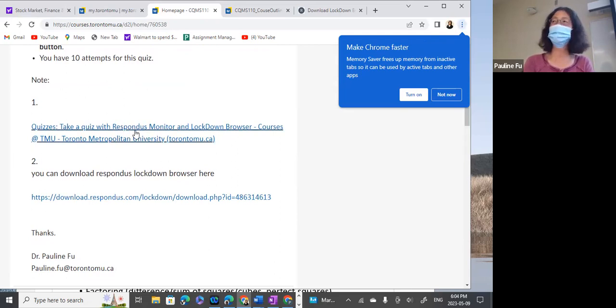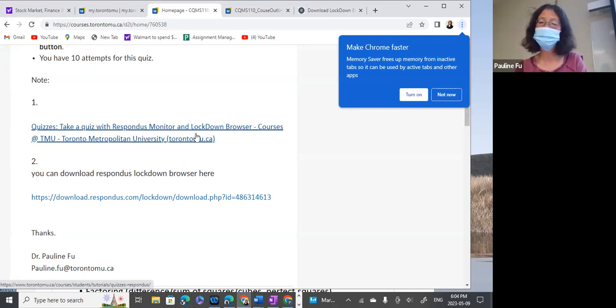This is how you write the quiz. So go over those materials. Make sure you feel comfortable and confident in writing an online test with Respondus Monitor and Lockdown Browser.